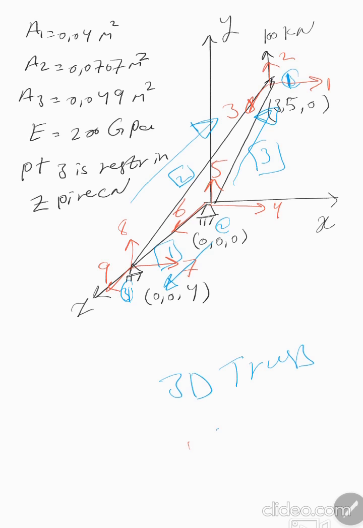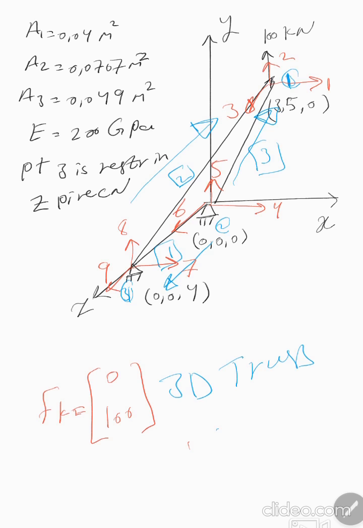So Fk, which means known force, on the X direction we don't have any force, so it will be 0, and on the Y direction we have 100 kilonewton.